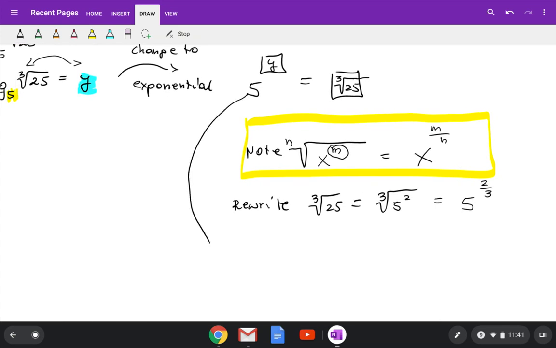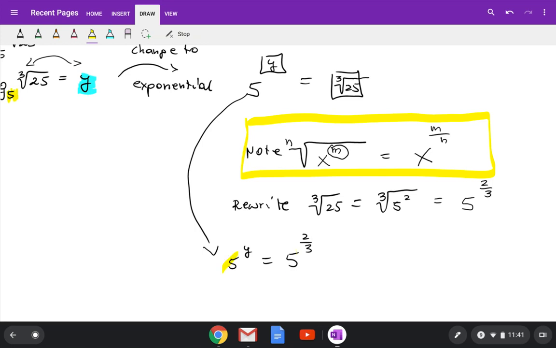So going back here, we have 5 to the power of y equal to 5 to the power of 2 over 3. And again, why do I want a 5? Why do I want an exponential expression of base 5 on the right side? Because we can use the one-to-one property.